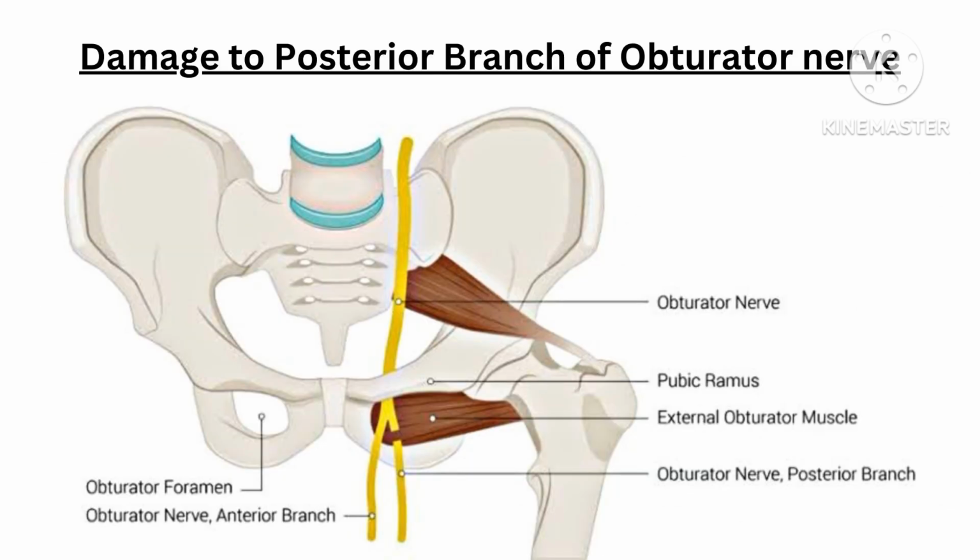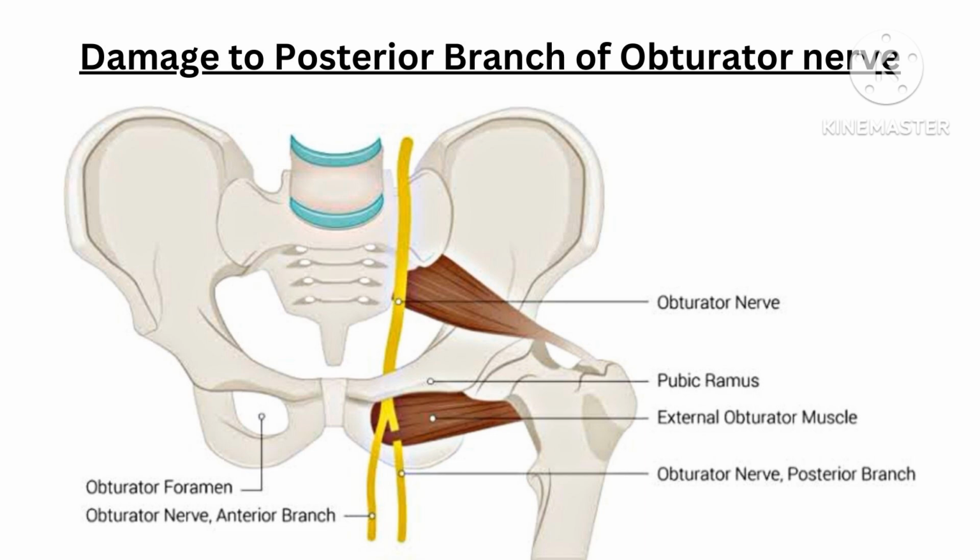Another surgical consideration related to the obturator externus is the damage to the nerve. Due to its location within the pelvis, the obturator nerve has the potential to become damaged during gynecological surgery, specifically lymphadenectomy for gynecological malignancies.